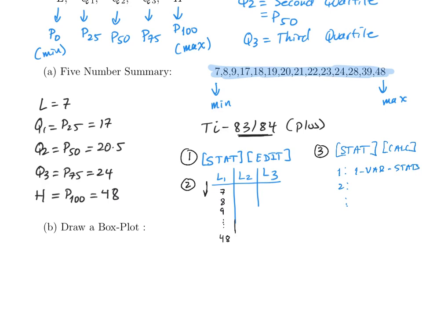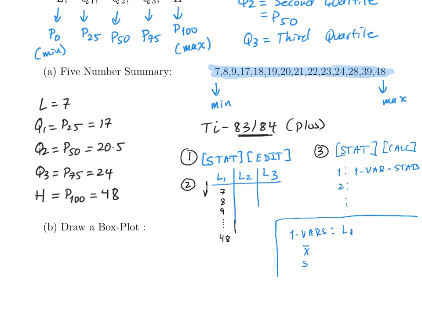Once you click on that one, on the screen, it will look like this. Then go to 2nd and make sure you pick L1 where you put the data. Once you do that, it will give you a lot of information. It will tell you x bar.